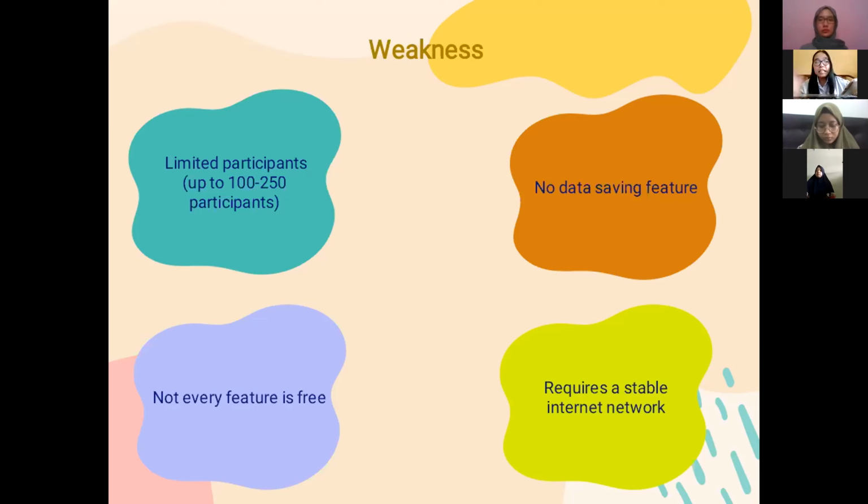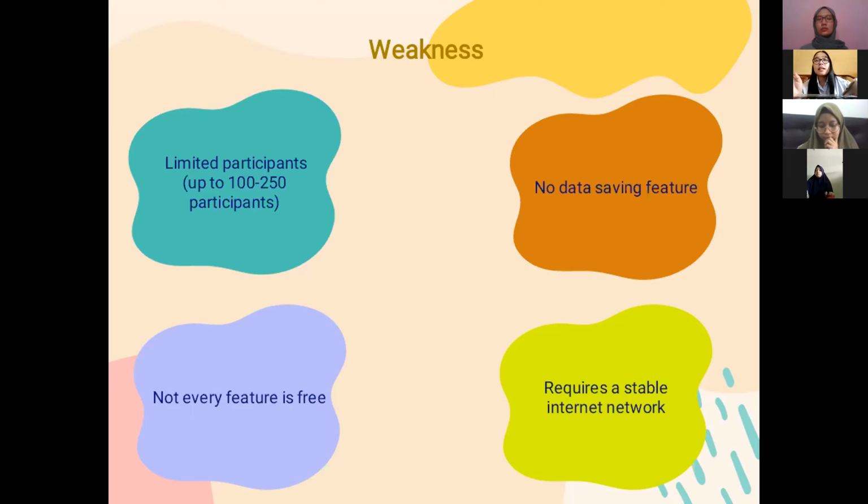And the second is no data saving feature. This is actually related to strength number three, if I'm not mistaken, the high quality of video, because the video in this application is high quality. So the data that we will use is quite big. And then next is requires a stable internet network.